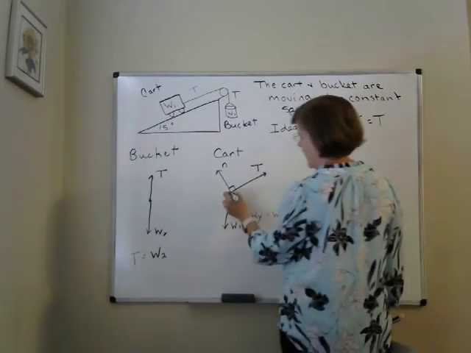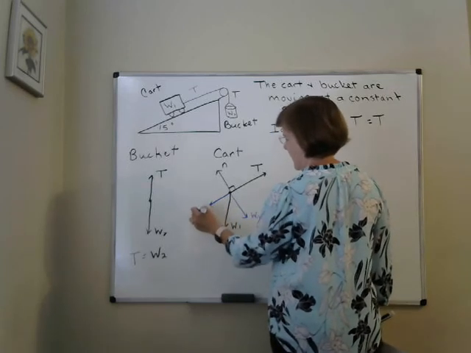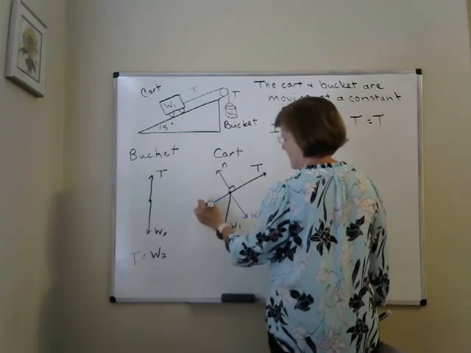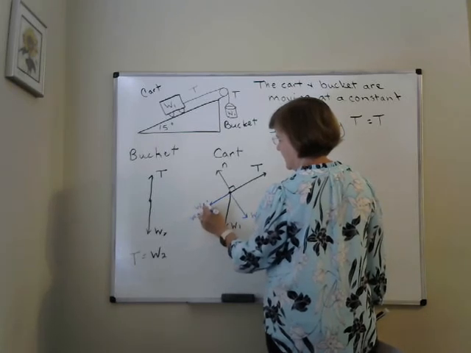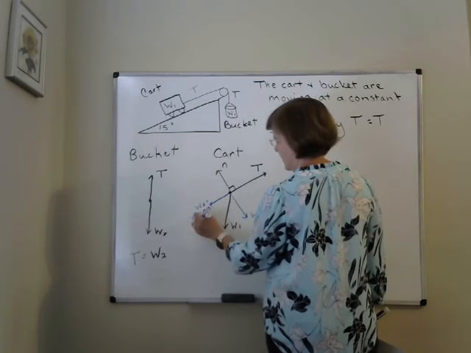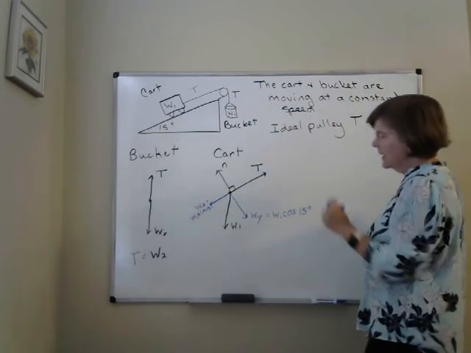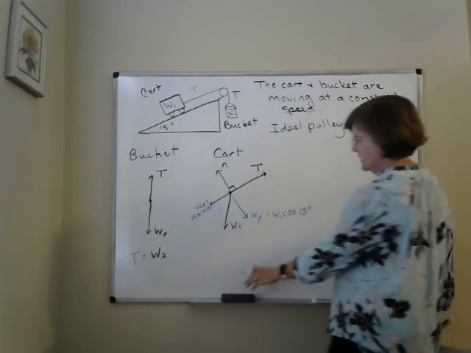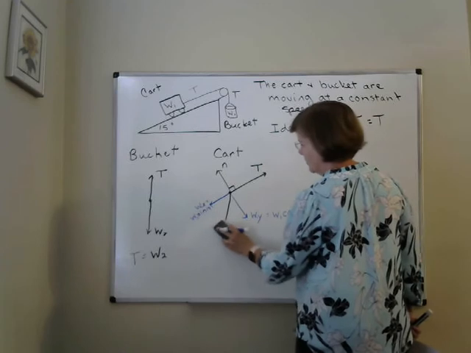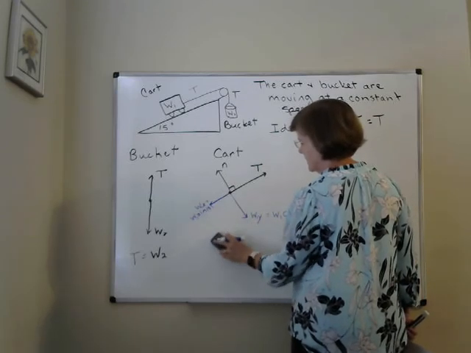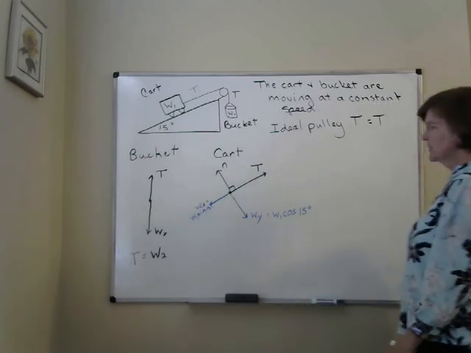because this time I do know the angle of the plane. It also has a component down the ramp. We call that WX. We know that WX is going to equal W sine 15. Again, that's W1. If I take and I replace W1 with its components, my new picture looks like this. That looks really pretty nice.